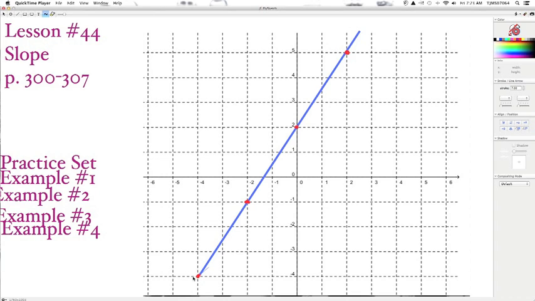So we'll start at this point and we say this is the rise, and this is the run, and that's the rise, and that's the run.